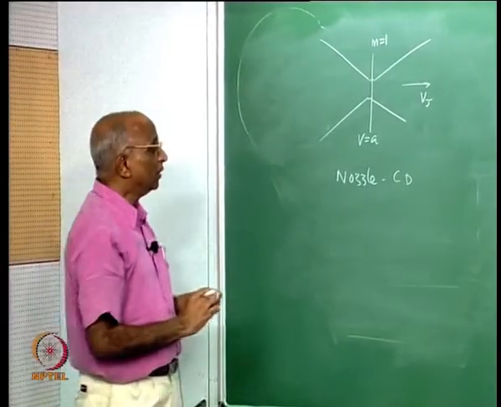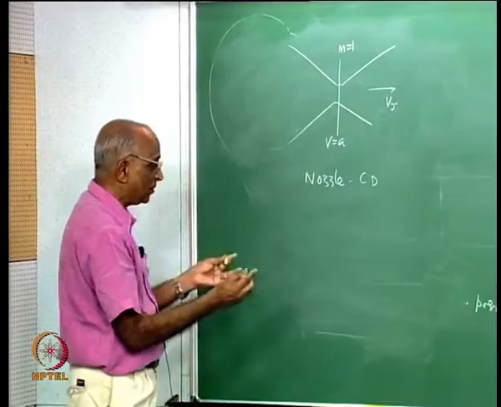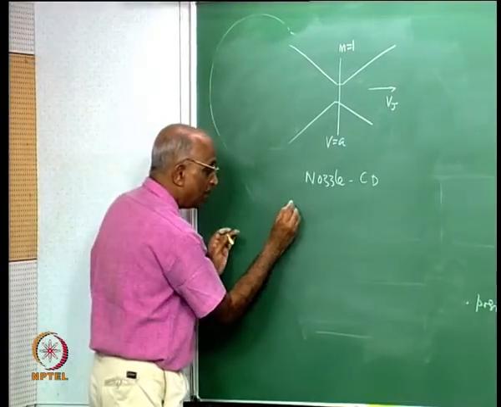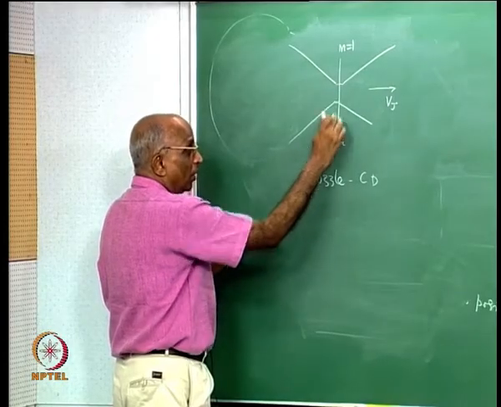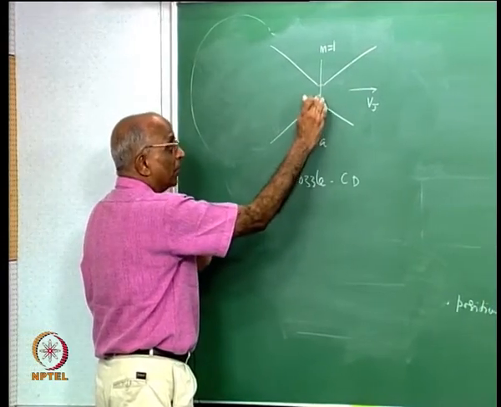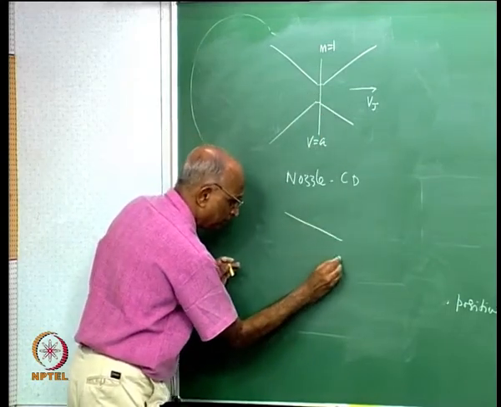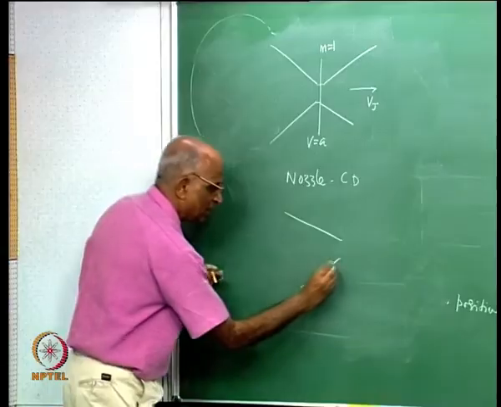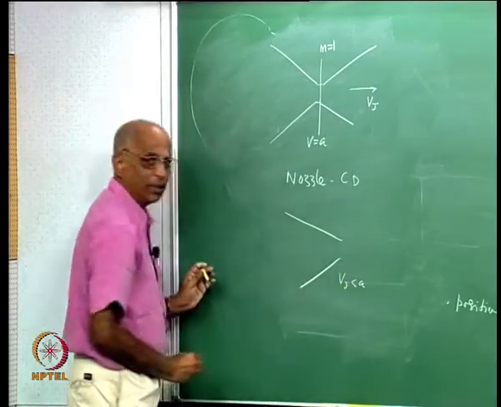If I have inadequate pressure, for instance a cold gas, and I cannot have Mach number equal to 1 at the throat, or velocity equal to sound speed, then it is better that my nozzle is like this, such that my jet velocity is still less than the sound speed.